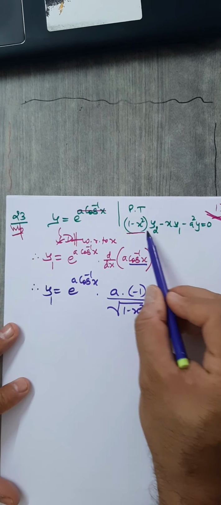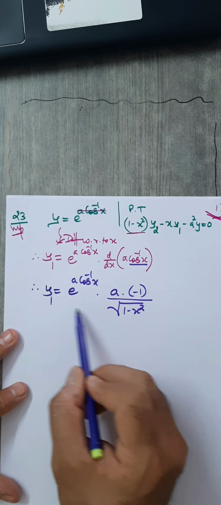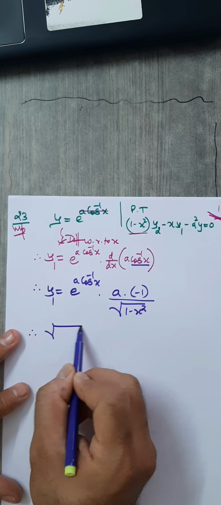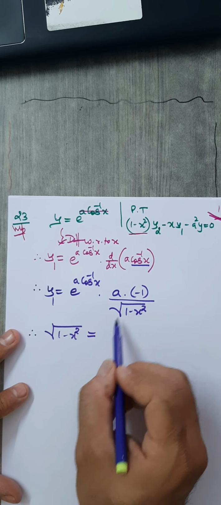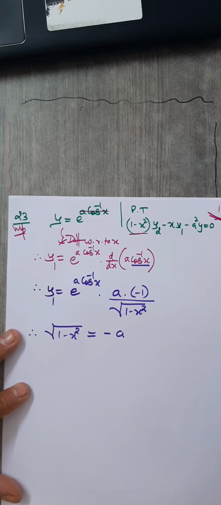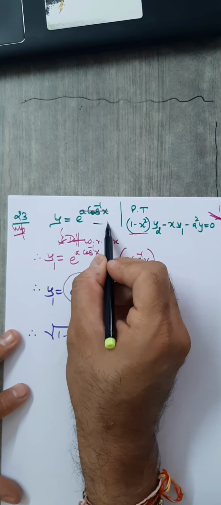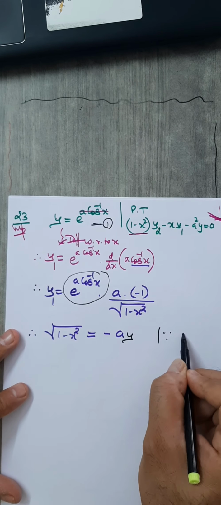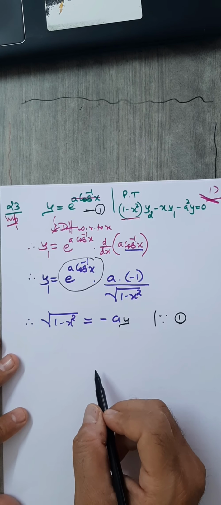Now usually in this double derivative questions, as I told you earlier, before you go for y2 you simplify this little bit. So I'll take this one over here. This is minus a. Now this is nothing but actually you see that is just y. Call this as 1 for example. So this is y because of 1. Okay.